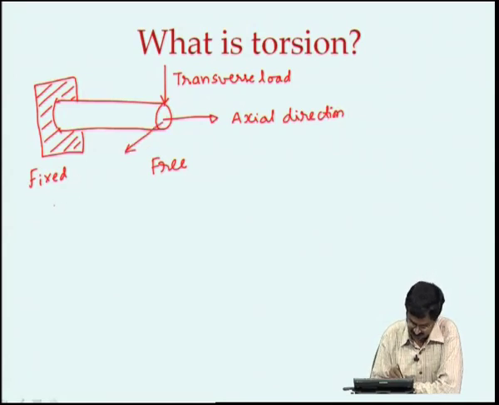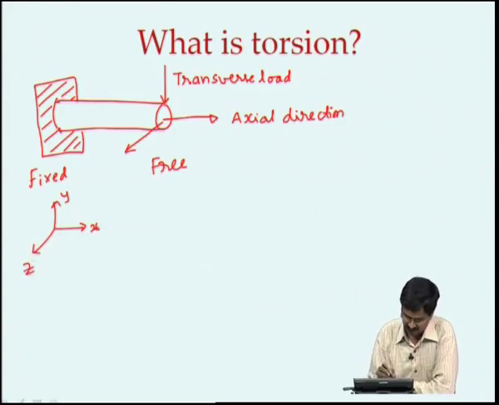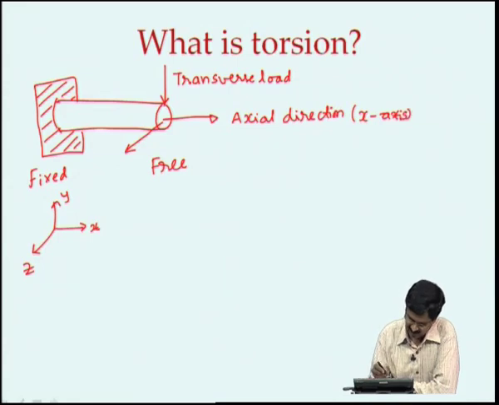If I put x, y, z here, if this is x, this is y, this is z, the x axis is the axial direction, and if I apply forces along the y or z axis, this is going to bend. So, this is one way of deformation, which is axial deformation.